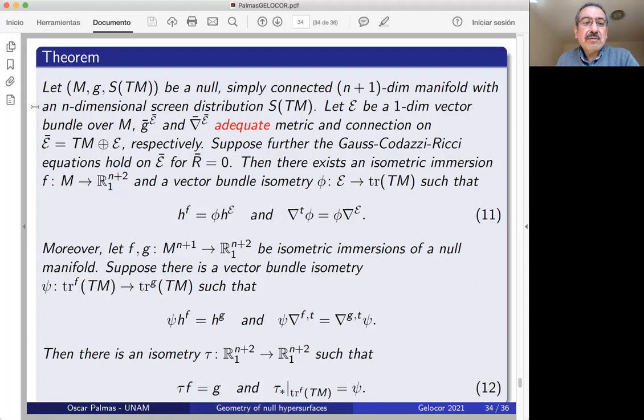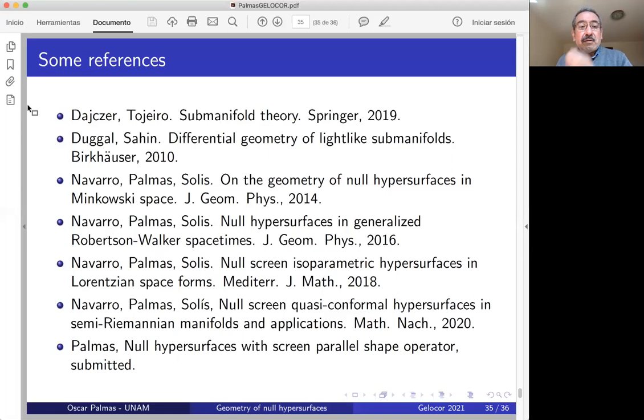Well, that's all I want to say. Here are some references. We have some books here. A nice book by Marcus Dajczer and Ruy Tojeiro, and also this book on null submanifolds.